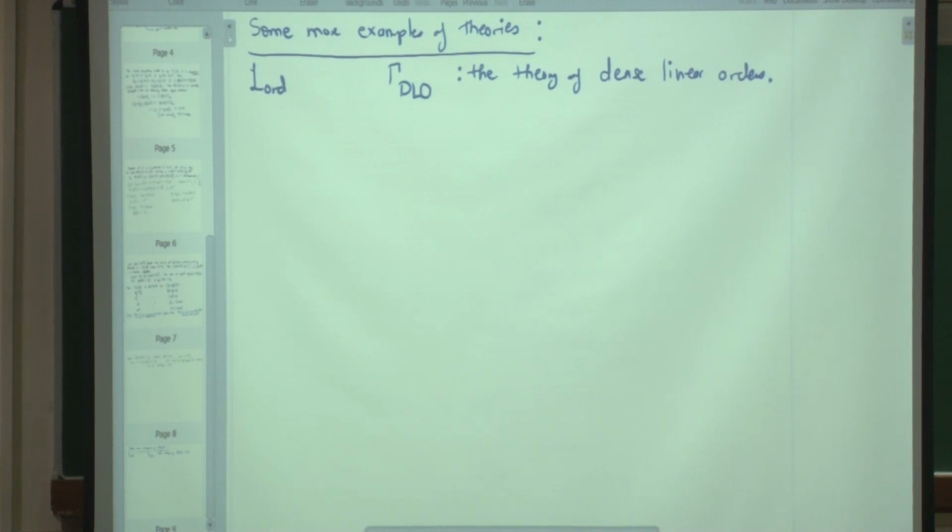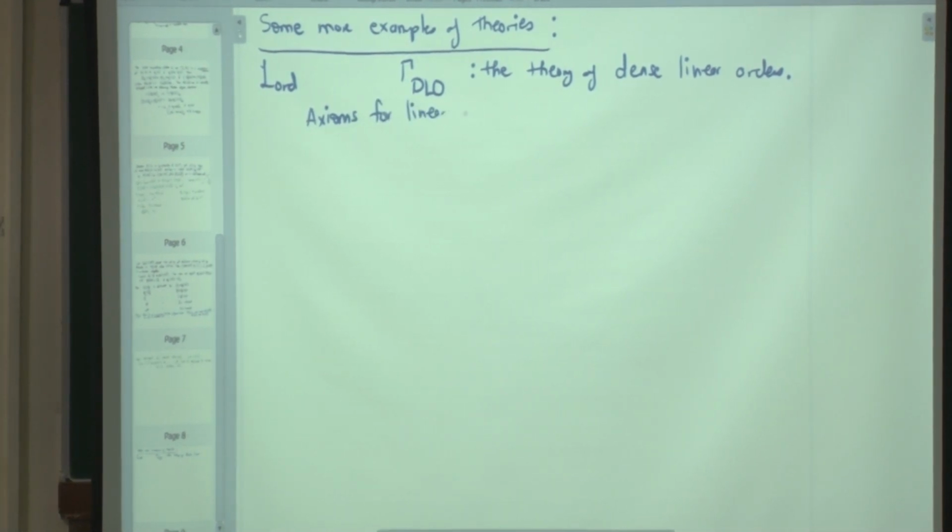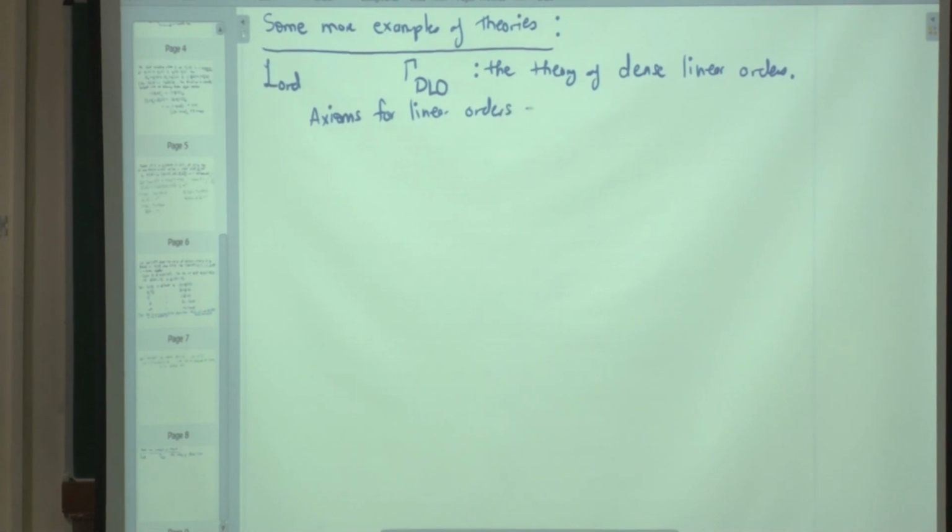So linear orders, you know how to write down axioms, yeah? So axioms for linear orders, and plus one more axiom for density. How do we express density? For all W1, W2?